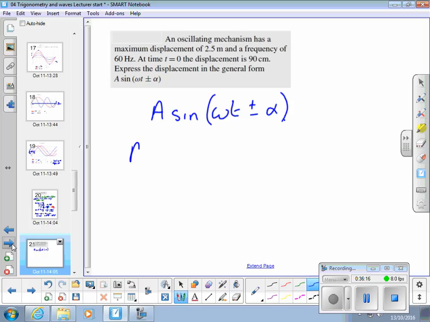Amplitude: A is equal to max displacement, which is equal to 2.5 meters. Everyone happy with that? Next bit. Remember, we want the frequency in omega t form, don't we?